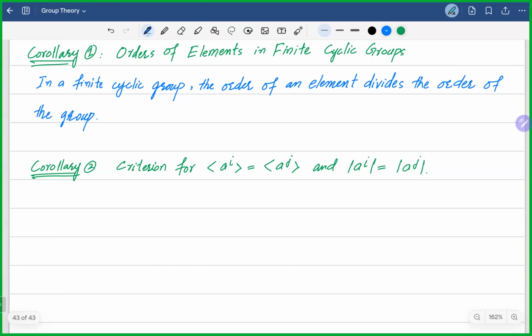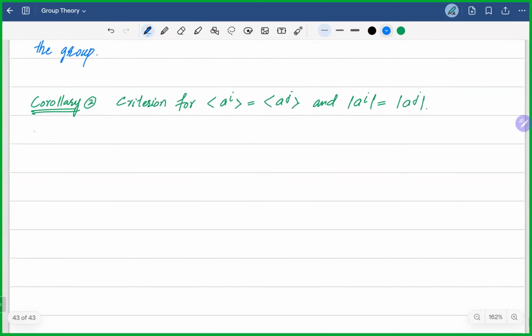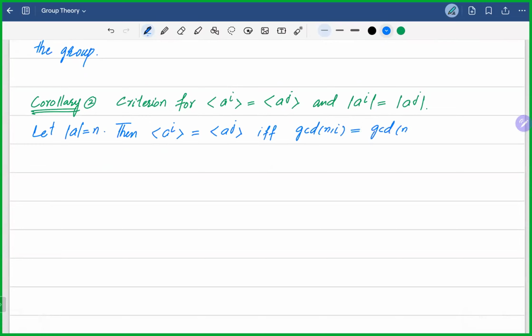Okay, the statement is going to be: let the order of a be n. Then the set generated by a^i is equal to the set generated by a^j if and only if the GCD of n and i is equal to the GCD of n and j, pretty clear by the theorem.